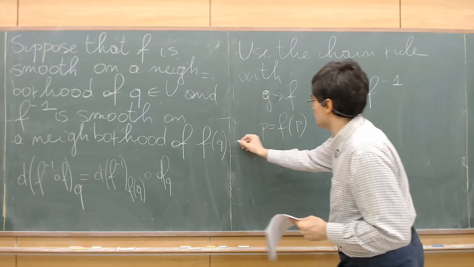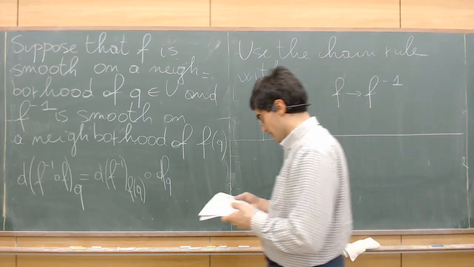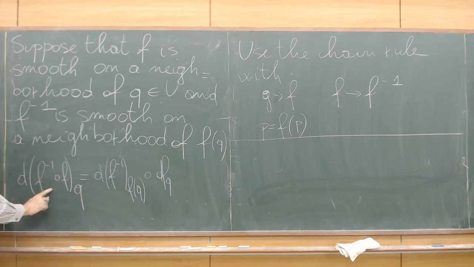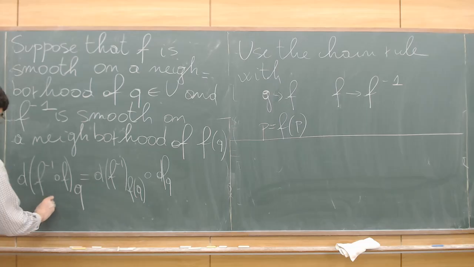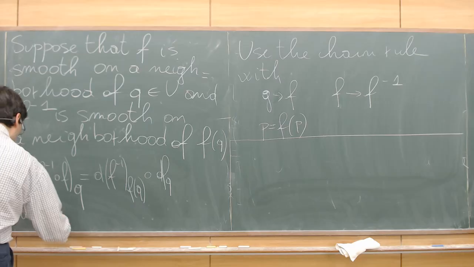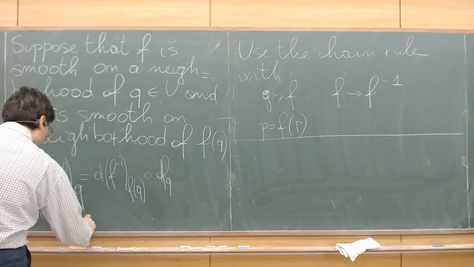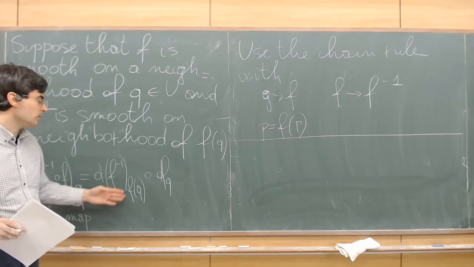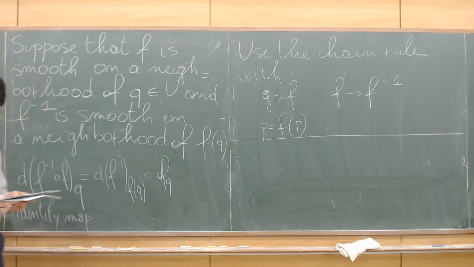What is the consequence of this formula? F inverse composed with F is the identity function. So the derivative of the identity function is the identity map. And what do we have on the right hand side?